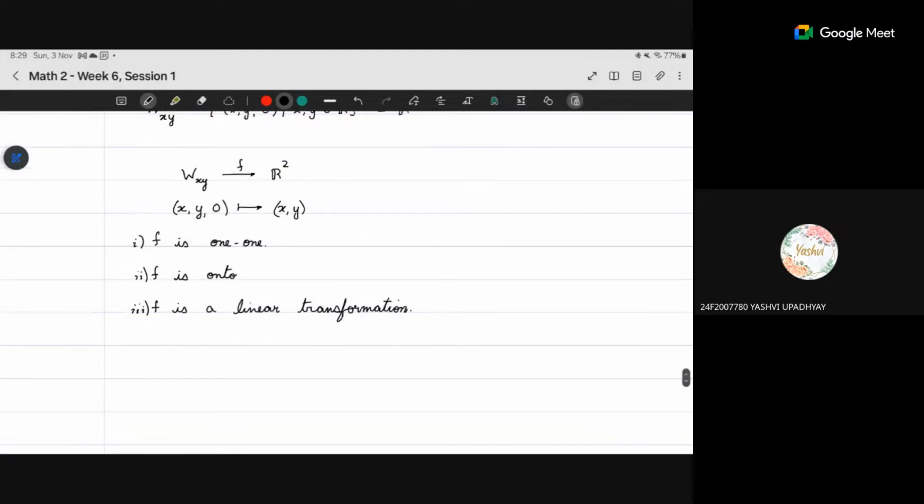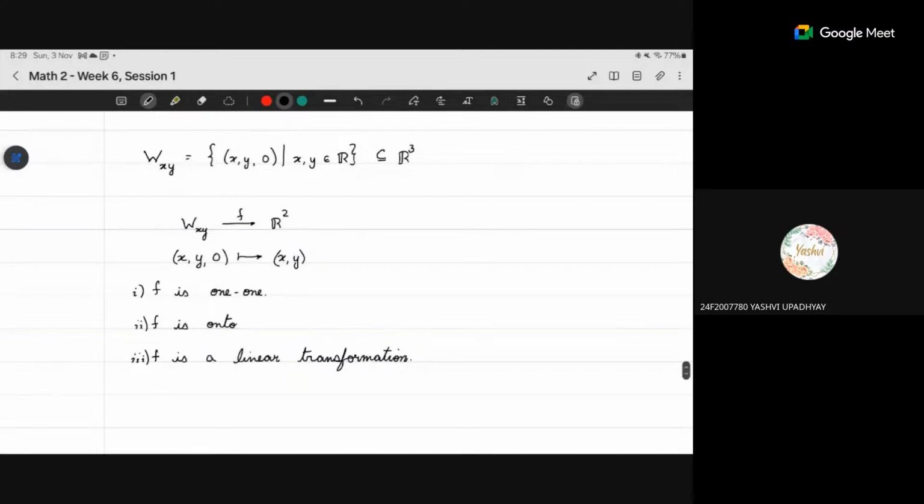How do you check one-oneness? One-oneness is just if I have two different things, the function of them in the target space will be different. Typically, how you check it is if f of, let's say, x is equal to f of y, this should imply that x is equal to y. You cannot have different x and y going to the same thing.